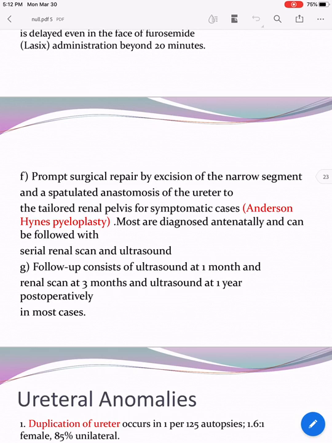After I transect this area, I make an incision, for example an anterior incision in the pelvis with scissors of about 0.5 cm, and a posterior incision of 0.5 cm in the wall of the ureter, and then re-anastomose them with a wider margin. This is in order to avoid stricture. So this is called spatulation.